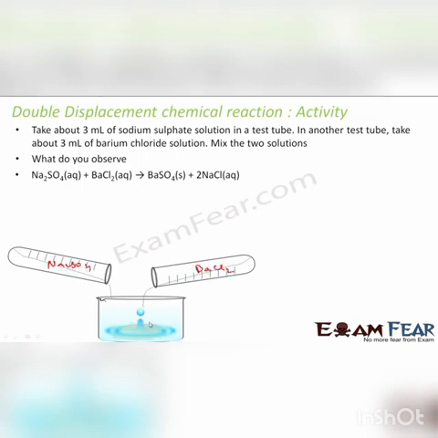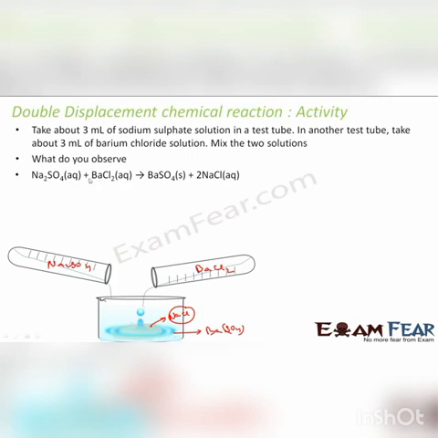So we'll mix both and we'll observe a precipitation. You see this white colored thing, right? That is a precipitate, and this blue colored thing is the solution. So when you mix this, you get some precipitation and you get a solution also.